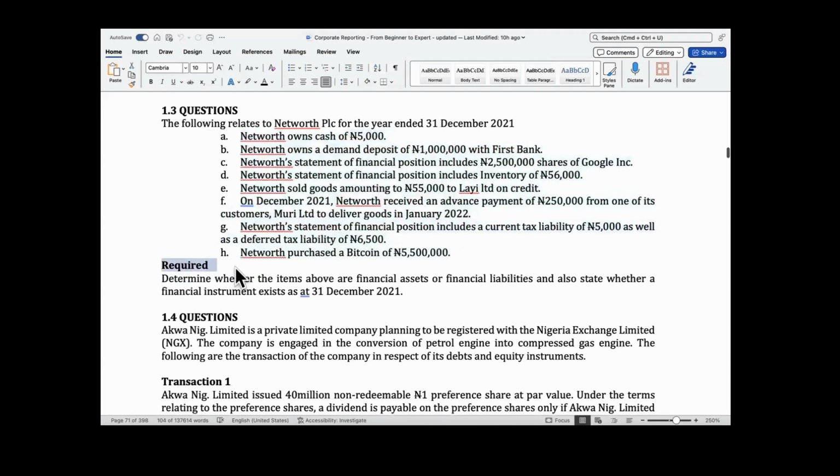Required: determine whether the items above are financial assets or financial liabilities, and also state whether a financial instrument contract exists as at 31st December 2021.